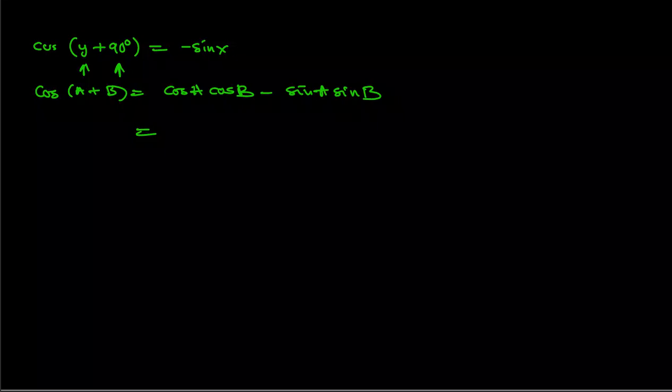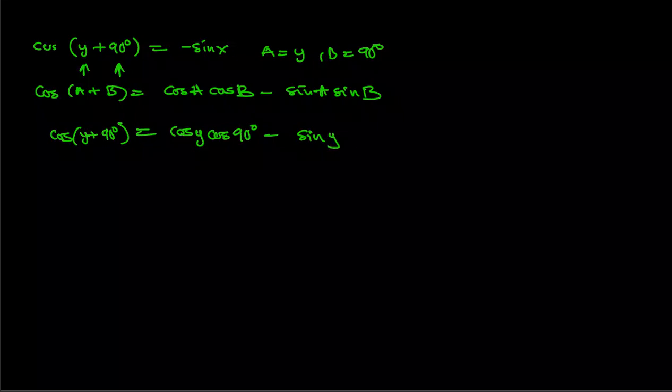So our cos (y plus 90), writing this is just the same as writing cos A cos B minus sine A sine B. A is replaced by y, so it's cos y, then cos B is cos 90, minus sine y, then sine B, which is sine 90.